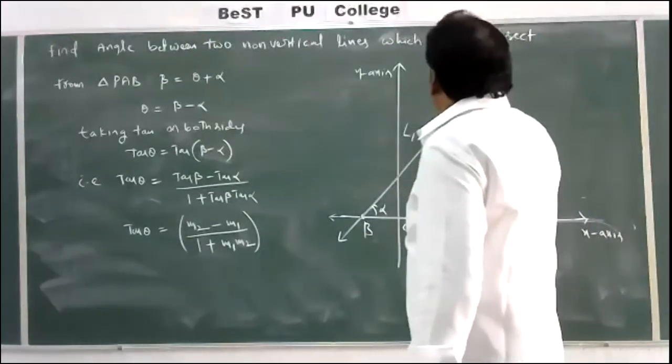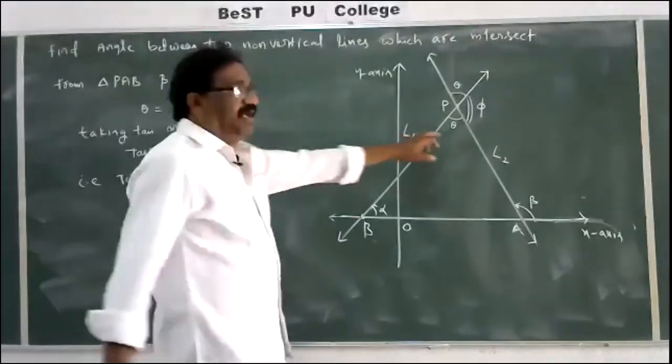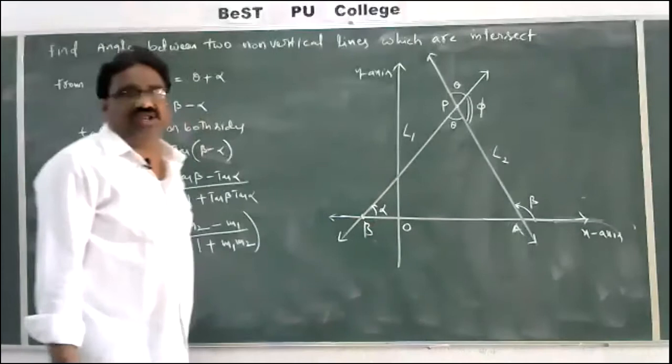Here, phi is also an angle between the two lines. We are taking theta as the angle between the two lines, and phi is also an angle between the two lines.